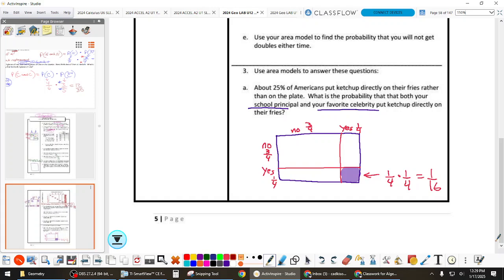On this one, remember 25% of Americans put ketchup directly on their fries. Which, by the way, we didn't get a chance to ask Elizabeth. Do you ever put ketchup directly on your fries? None of us did that either. Anyway, we set up a box and drew the dividing lines such that it looks like 3/4 and 1/4, or 75% and 25%.